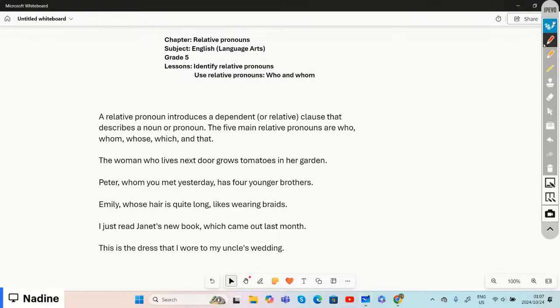And a relative pronoun, right? It introduces a dependent or relative clause that describes a noun or describes a pronoun.